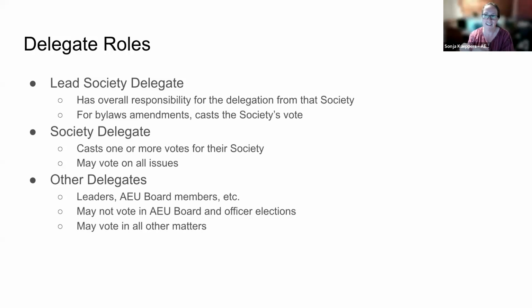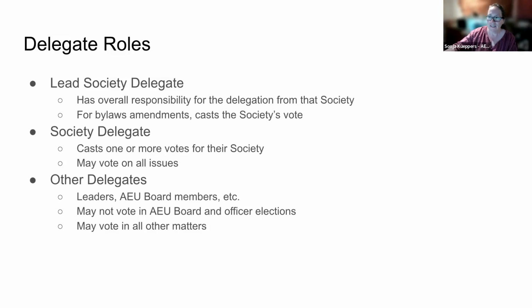Another society has their lead delegate holding all of the votes, right? And so that person then, when they vote, they get more weight in the voting system if they have more votes assigned to them. But don't worry, you only have to fill out 1 ballot if you're in that situation. You don't have to fill out 5 ballots if you've got 5 votes. Society delegates can vote on all issues that are before the assembly.